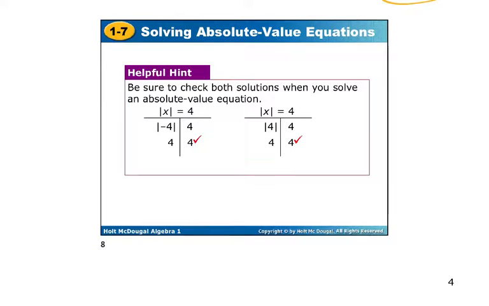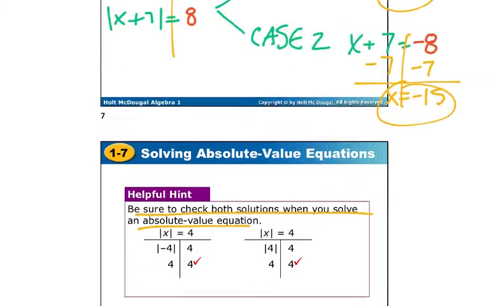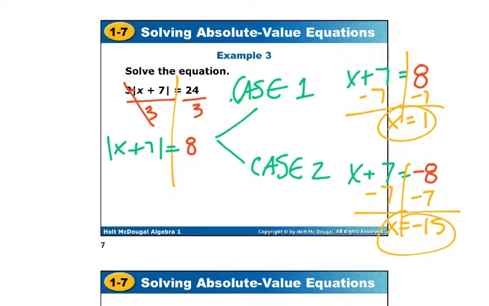So we do want to be sure that we check both solutions when we solve, because basically there's no way that you can get this wrong as long as you check. So for instance, if I take this negative 15 and plug it back in, I'm going to have 3 times the absolute value of negative 15 plus 7, and we're seeing if that equals 24.